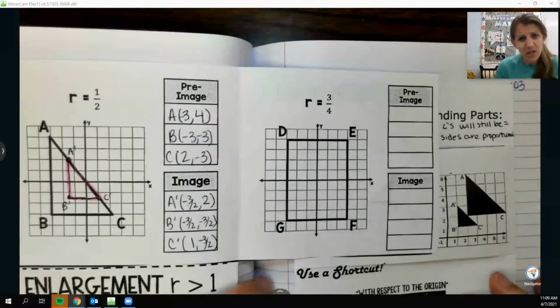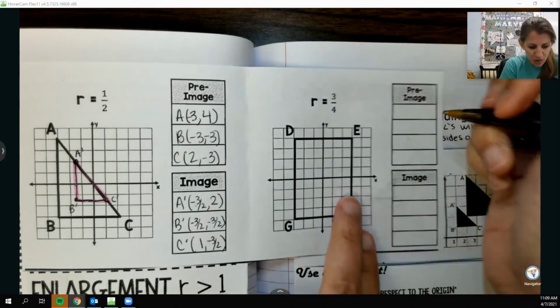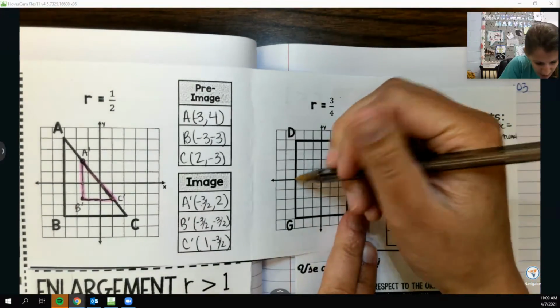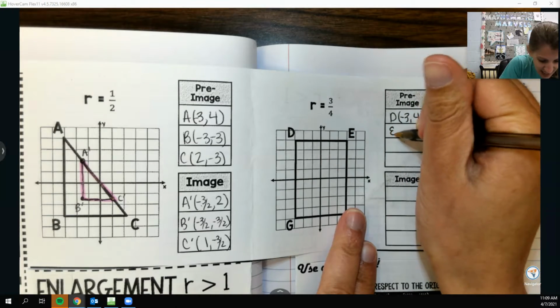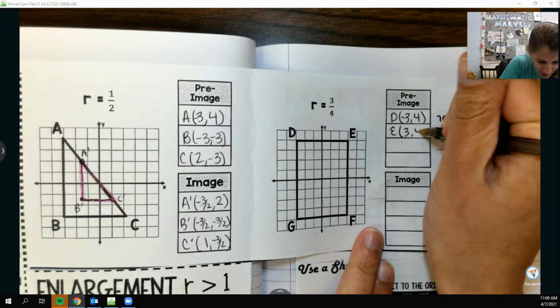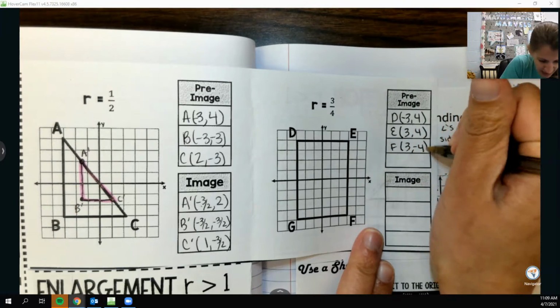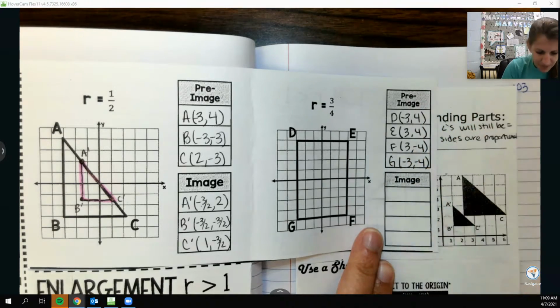We can also do it to a quadrilateral or a rectangle. So if I find my pre-image points, D is at -3, 4, my goodness. E is at 3, 4. F is at 3, -4, and G is at -3, -4.